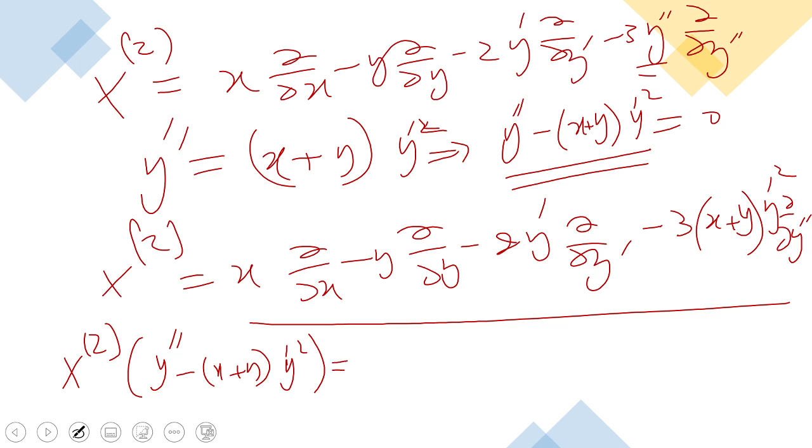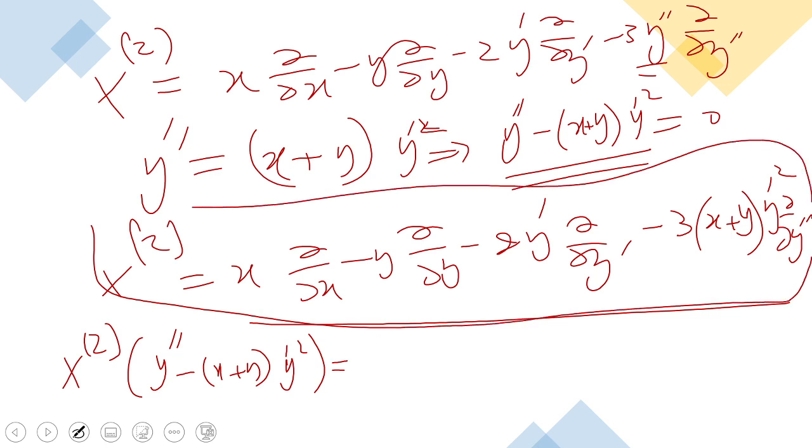So you see, when I operate this operator, the first one will hit this y double dash, so that may give me minus 3 times x plus y dash square. It comes from this term when I operate it on y double dash. Okay, that's correct.